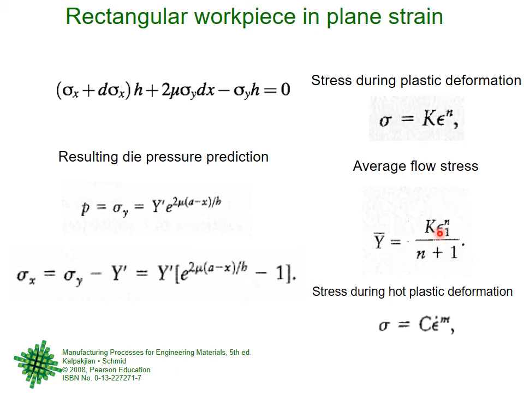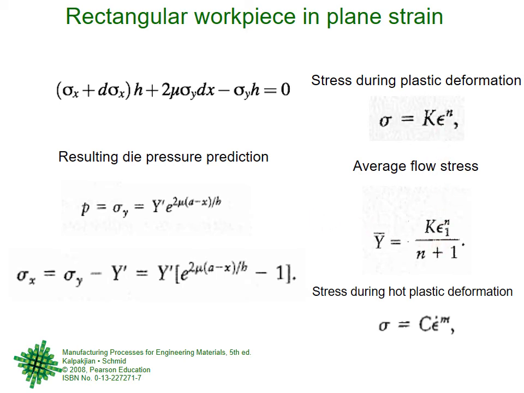And here this epsilon is epsilon 1, some value of a strain, not any general strain, some value of a strain. So this is the stress equation in the plastic region, and this sigma should actually be read as Y, capital Y according to this book, and that the average stress during the material flow is this. These two are very, very critical.